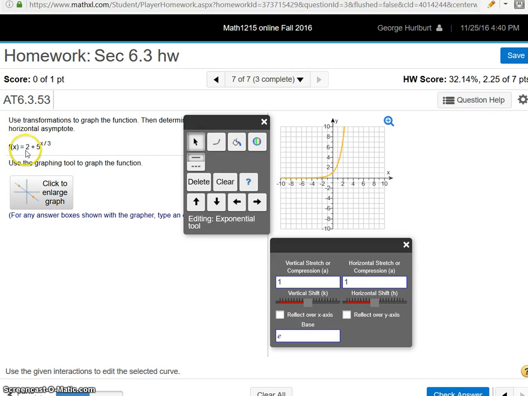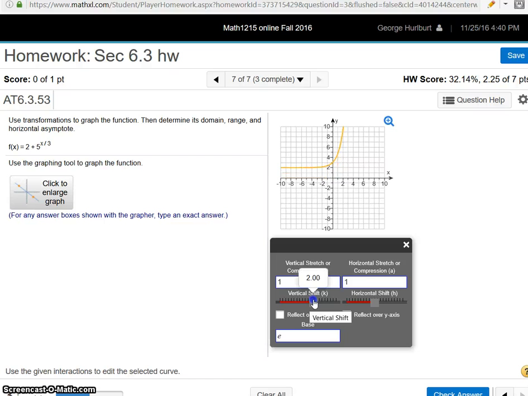We can see that this number outside, this is our vertical shift. So we're going to have a vertical shift of 2. Oops, 2. 2, there we go. Our base is 5.